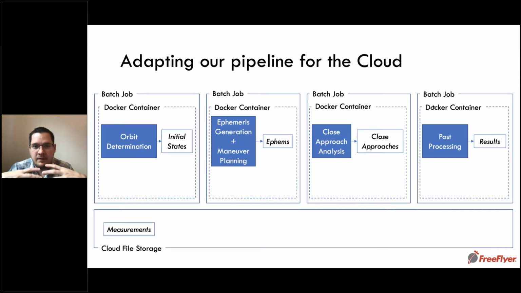Since the pipeline starts with inputs, the measurements that feed into the orbit determination mission plan, we're going to start with the measurements data in cloud storage. The first step in running the orbit determination job is a pre-processing step to copy the measurements data from cloud storage into the Docker container, so that the orbit determination mission plan can process those measurements and generate the initial states.